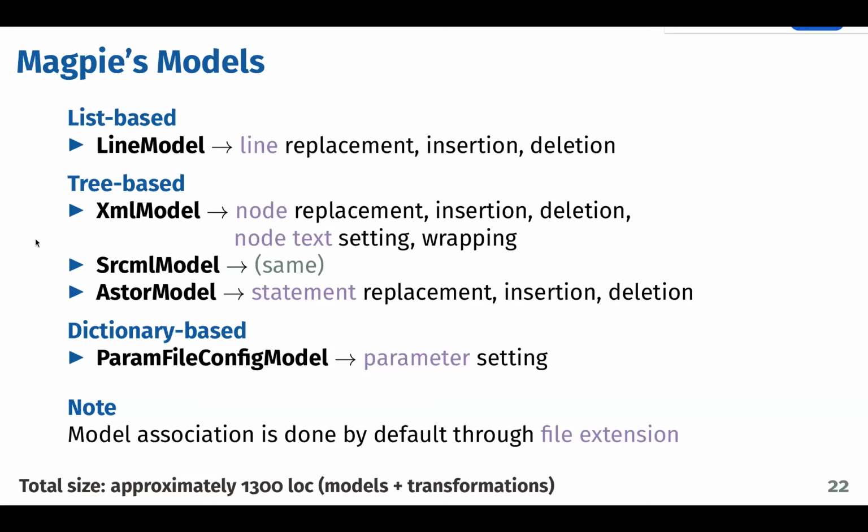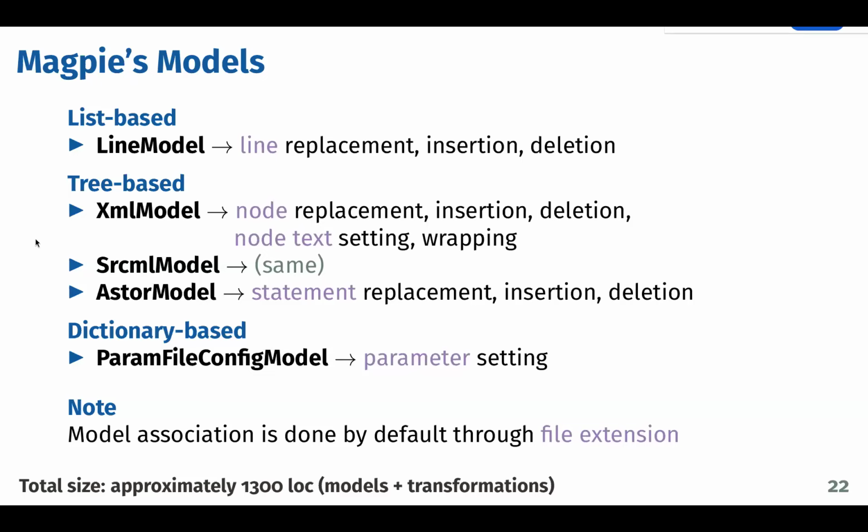And for a specific node, it can change the text of that node, for example, changing a number for another number. And it can do wrapping. For example, it can take a variable and wrap it with a parenthesis and +1, so you can replace any x in your program by (x + 1). So it's something that it is able to do.